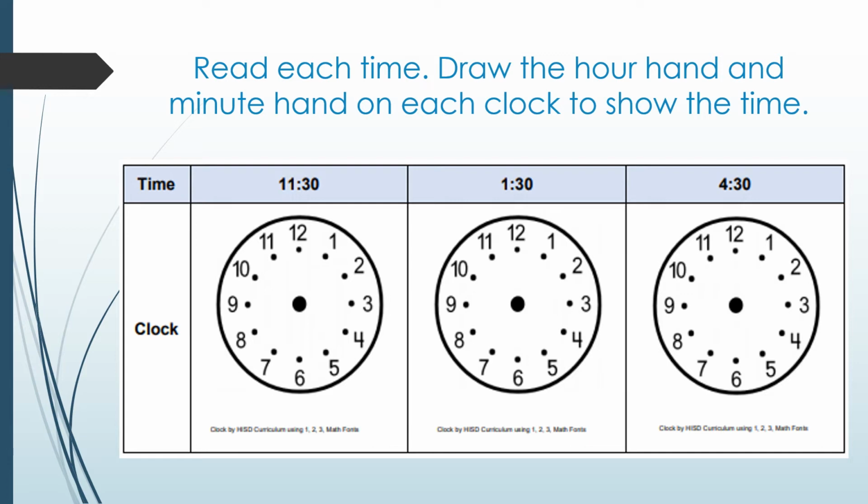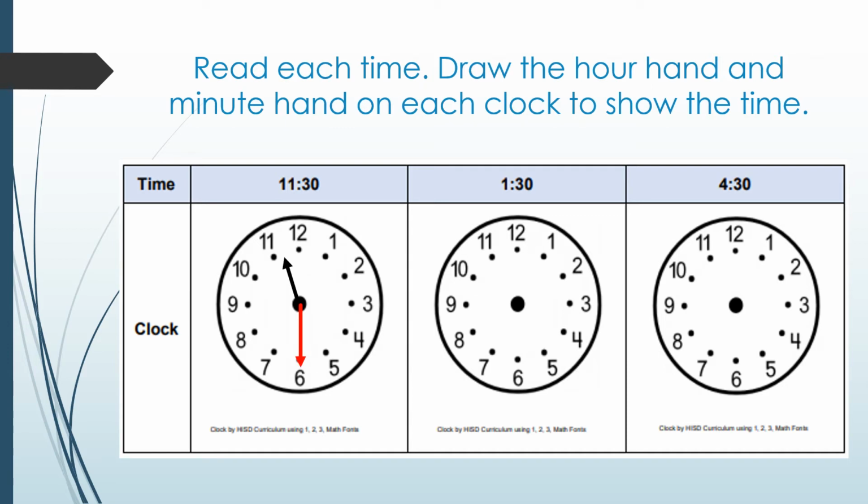And that means our hour is going to be at 11, but it will not be directly on 11 because it's halfway through 11 o'clock. So our hour hand will be in between the 11 and the 12, and our minute hand will be pointing directly down at the 6.